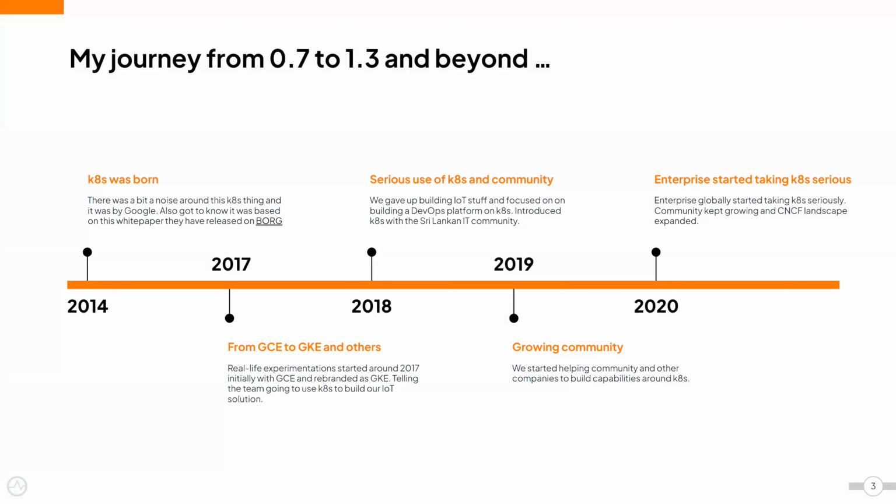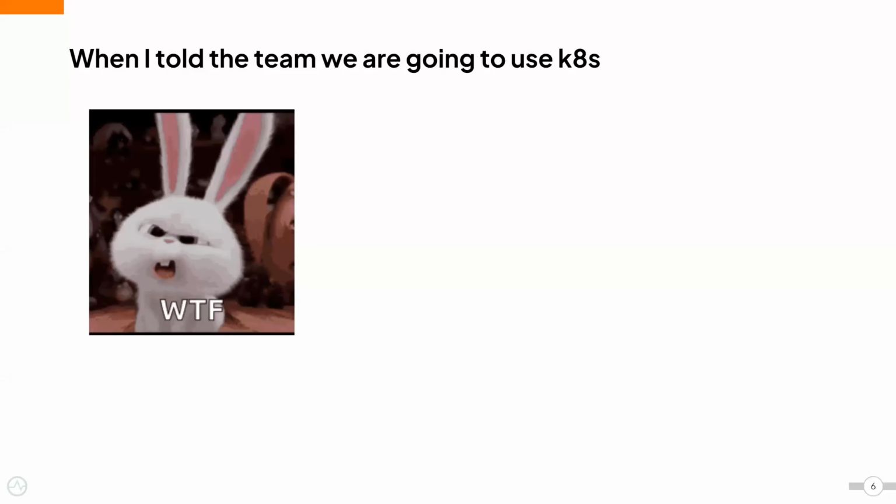When I told the team we were going to do this, they were just getting the hang of Docker. There were many tools for Docker, and Docker had some tooling, but there were not many external tools.